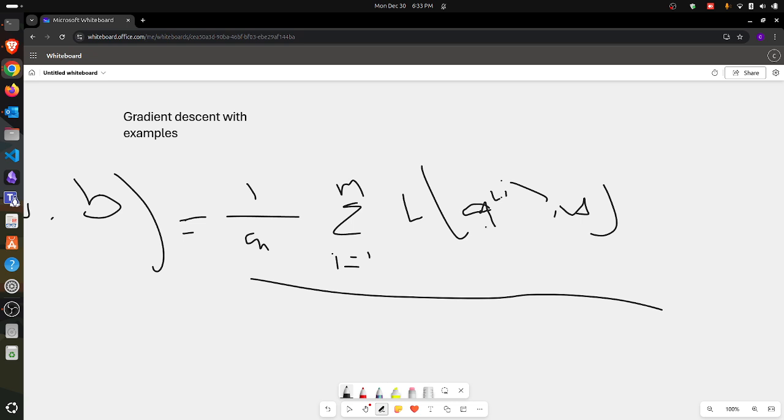In the previous one, we learned how to calculate derivatives when you have just one training example, and when we have a lot of training examples, we do this.